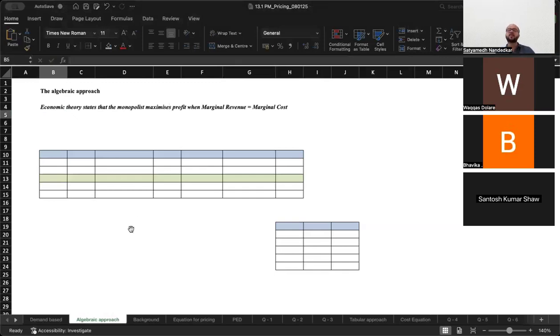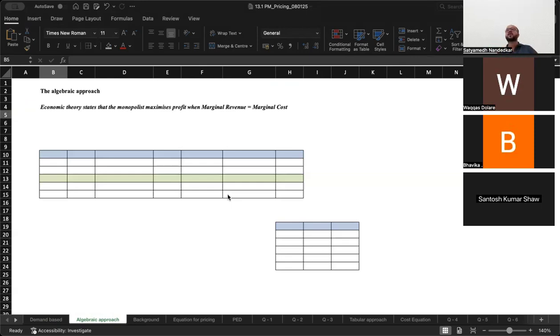A monopolist is like the single player in the market. There is no competitor. He is the only seller. So if people want to buy something, they have to buy it from him. They cannot buy it from anyone else. So what economic theory says is that a monopolist maximizes profit when marginal cost is equal to marginal revenue.